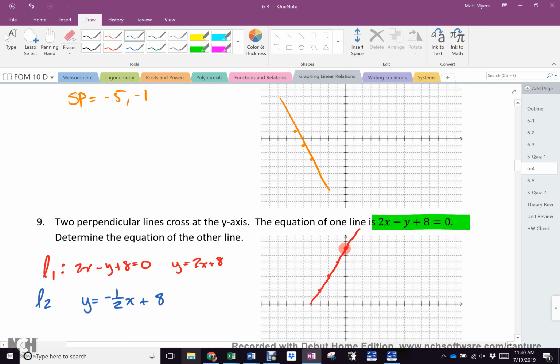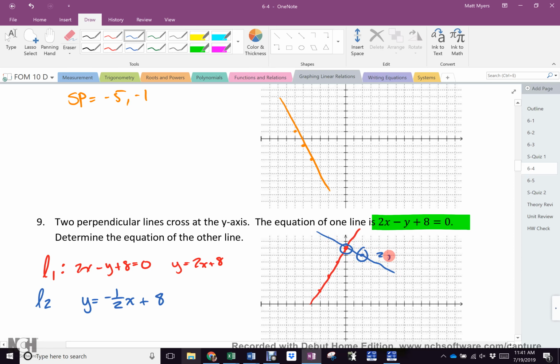What's another way I could have done it? Well, I know that this is the starting point, right? So could I have gone down 1 and right 2 to get a slope of negative 1/2? Could I have done that? So I know my line 2 would go right there, yes? Do I know that point?